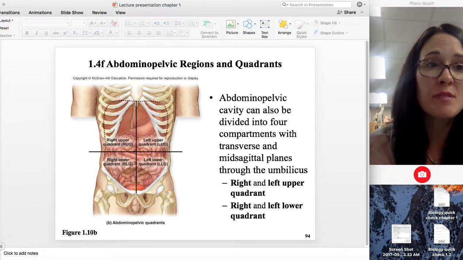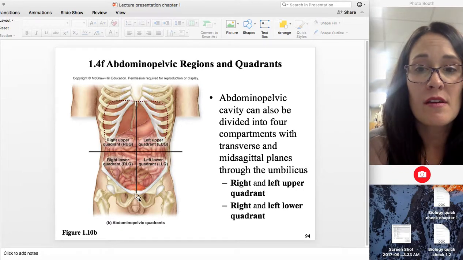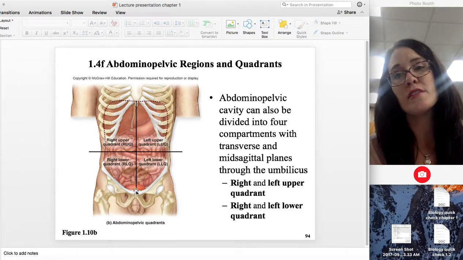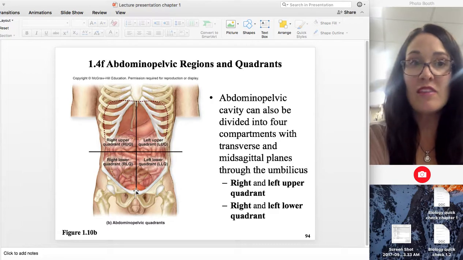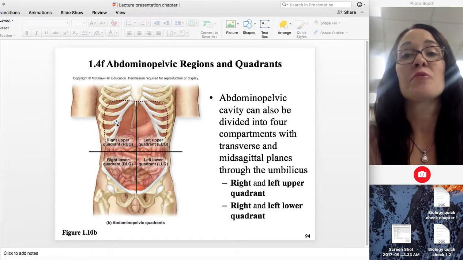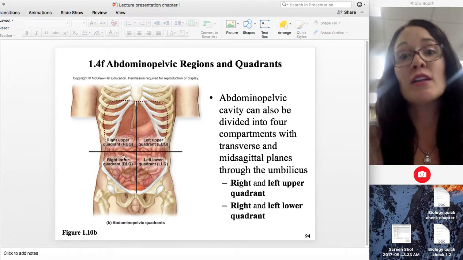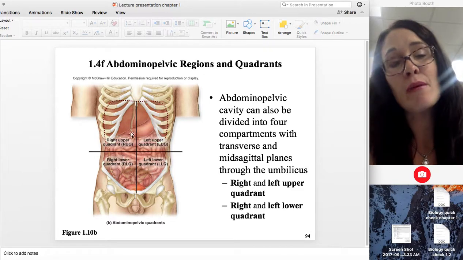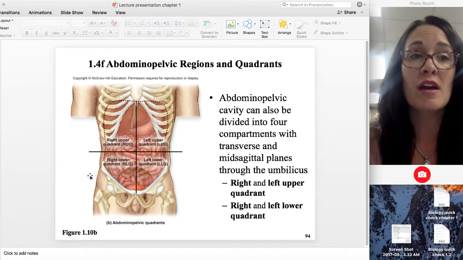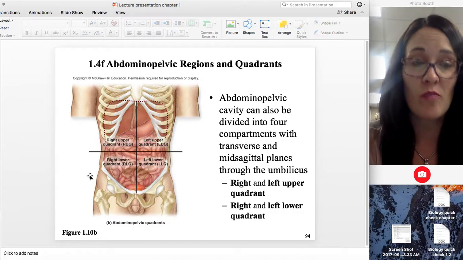If you take that same space below the diaphragm, above the pelvis here, you can divide it into 4 quadrants. And these are really easy. Right upper quadrant, right lower quadrant, left lower quadrant, and left upper quadrant. And remember, when we're looking at images, we've got to think of the body in correct anatomical position.